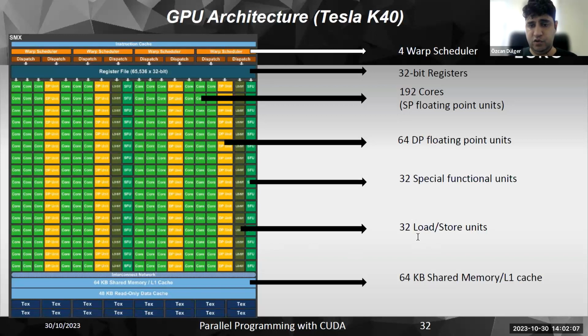And there are 32 load store units. Temporary variables are stored here, like the registers in a CPU. There is an L1 cache and shared memory, where all the cores share this memory. And there are 4 warp schedulers in this architecture. The main important point for us is that it has 192 cores.